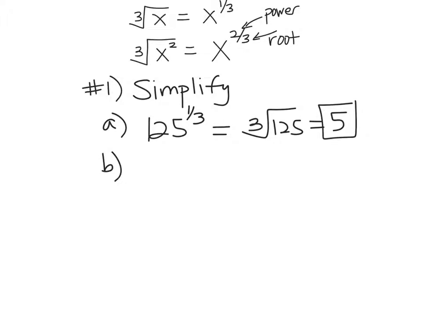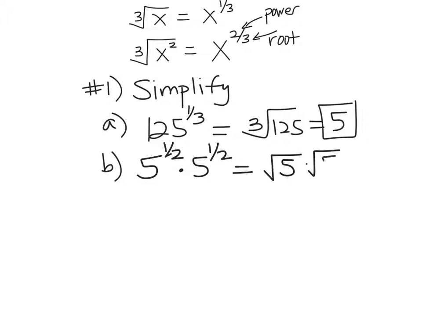So if you had something like this, 5 to the 1/2 times 5 to the 1/2. There's 2 ways to look at this problem. One way is you can rewrite those as their radicals from their exponents. So that would be the square root of 5 times the square root of 5, which is the square root of 25, which is 5.